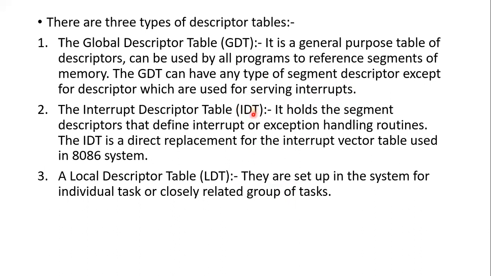So these are special case tables. The IDT is a direct replacement for the interrupt vector table used in the 8086. The 8086 microprocessor had a table called the interrupt vector table.